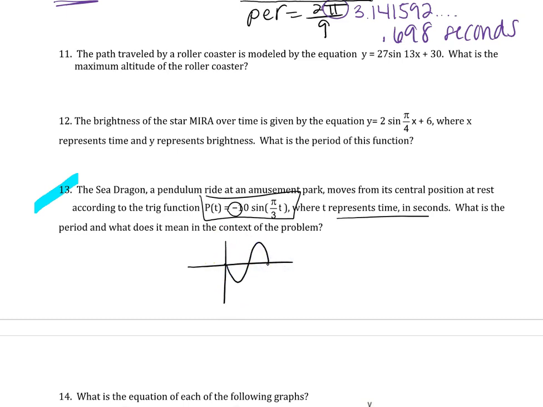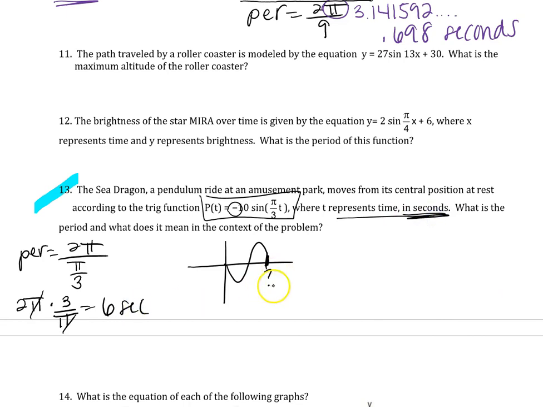Now, period, which is how long it would take to see one full cycle of this, is equal to 2 pi divided by the frequency. The frequency in this problem is pi over 3. Now when I do keep, change, flip, my pi's cancel, and I get 6. In the context of the problem, that's 6 seconds. So you would expect to see one of these sine curves once every 6 seconds.